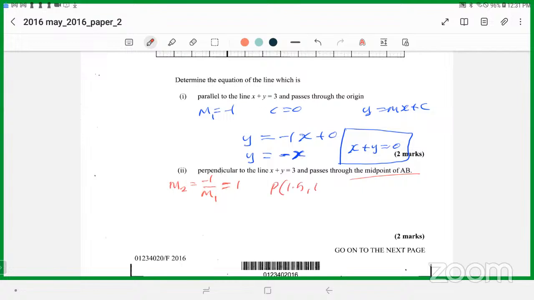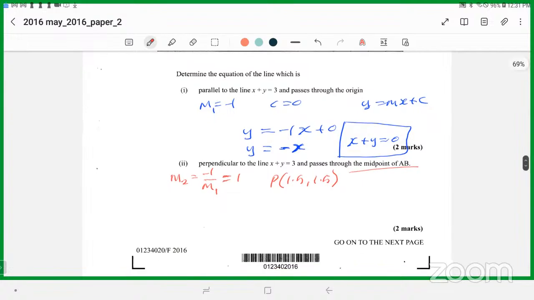1.5, 1.5. All right. So if we're using a calculation method, we enter the gradient of 1. The equation, using the formula, is y minus yp equals the gradient times x minus xp, using the point and the gradient.